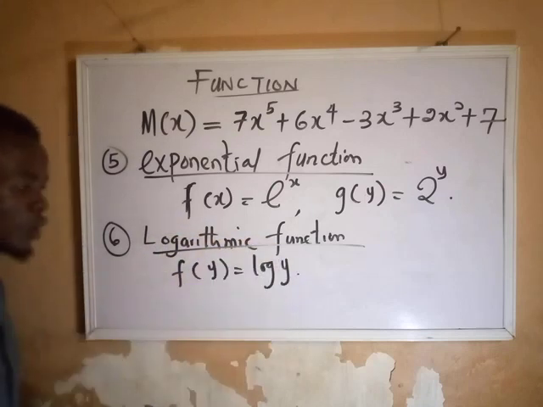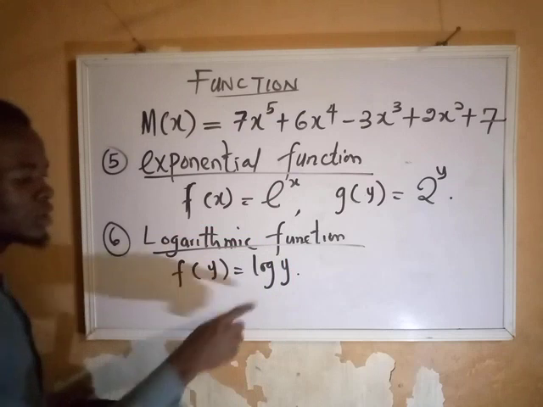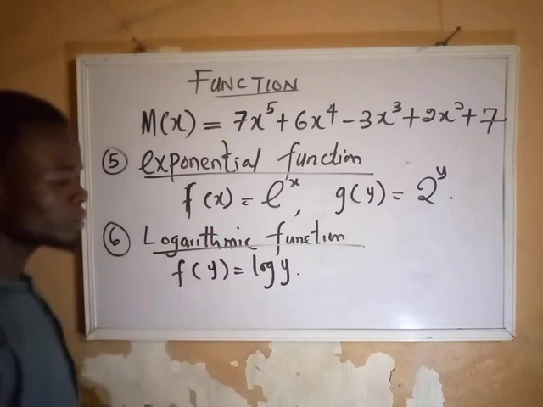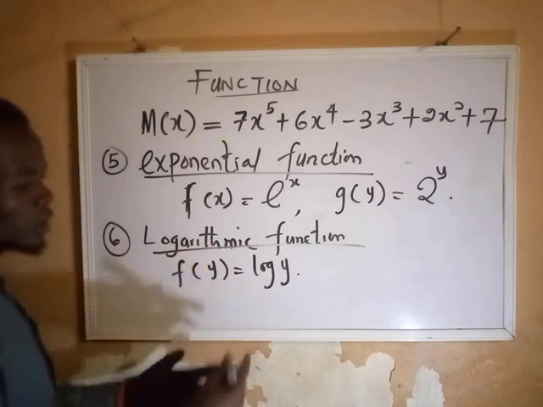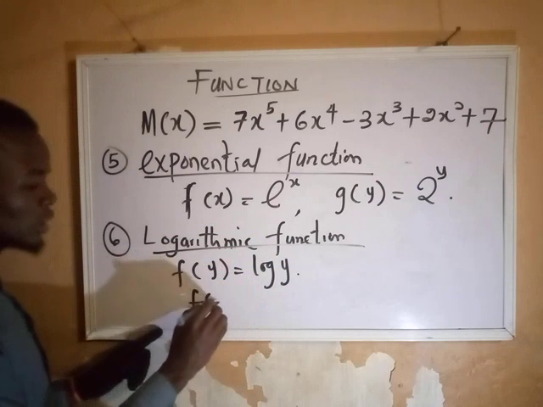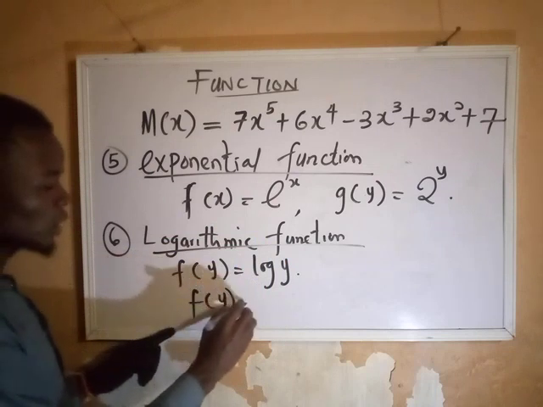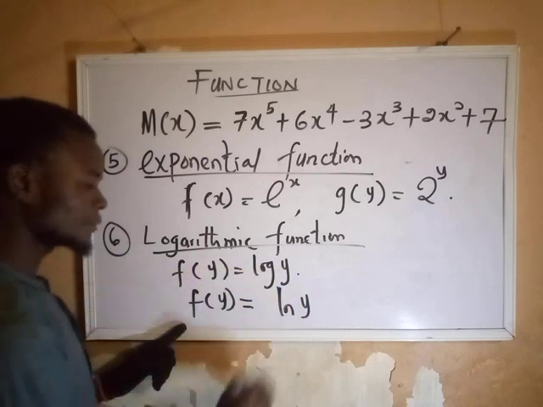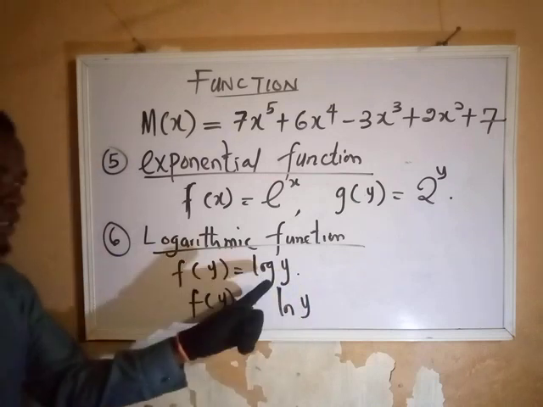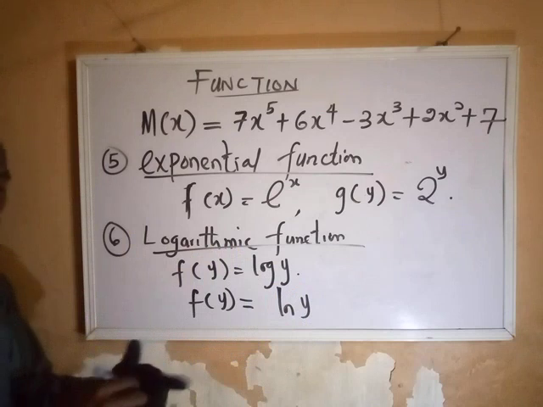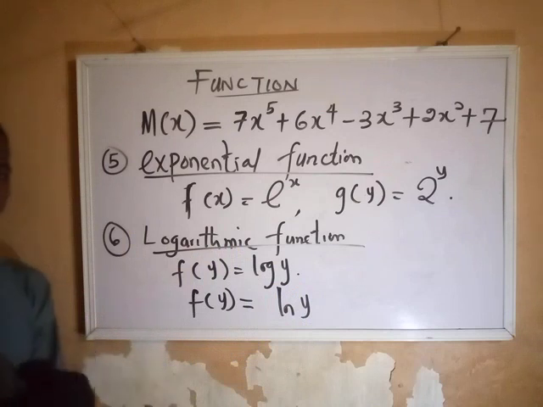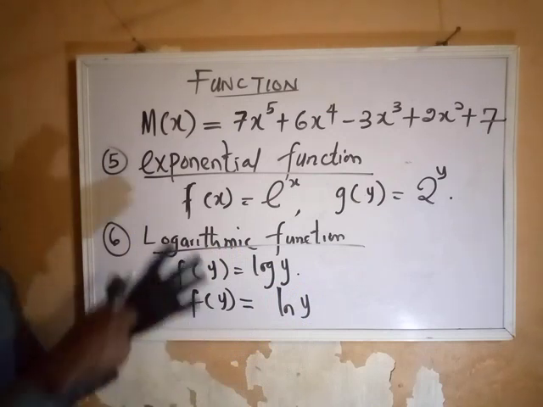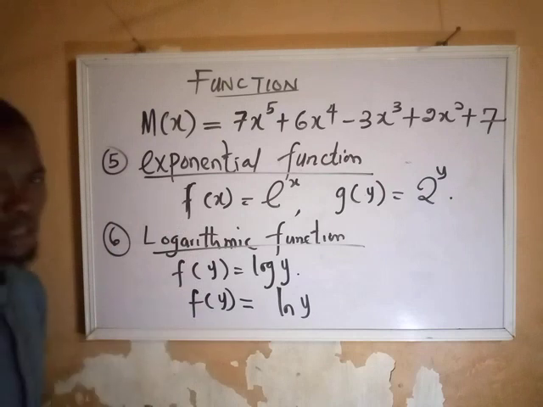This one is an example of logarithmic function, and this one is the normal log. In some cases they might not use log, they might decide to use a special symbol, which is ln. So let's say we have ln y, it also refers to what? To logarithm. Though I say it refers to logarithm, in this special function we consider them the same.